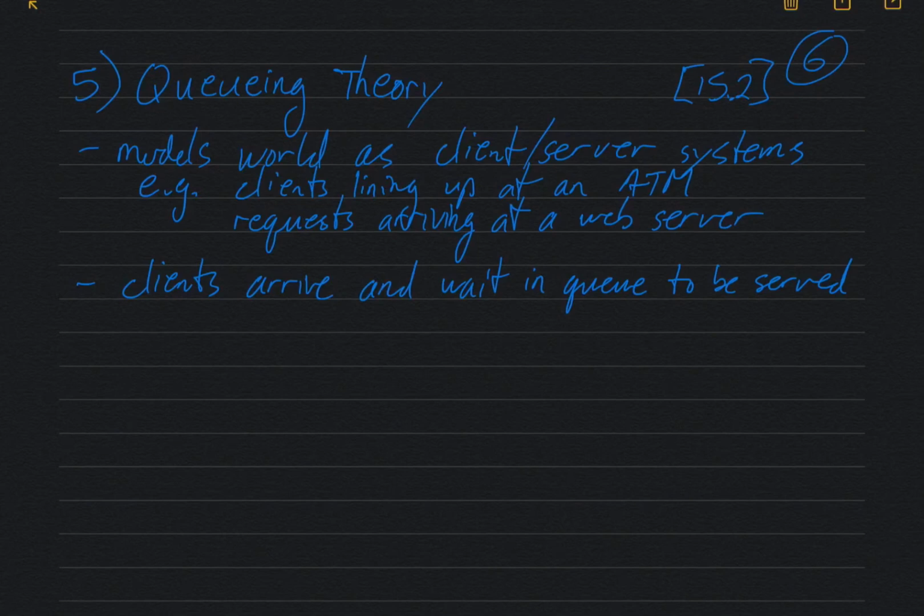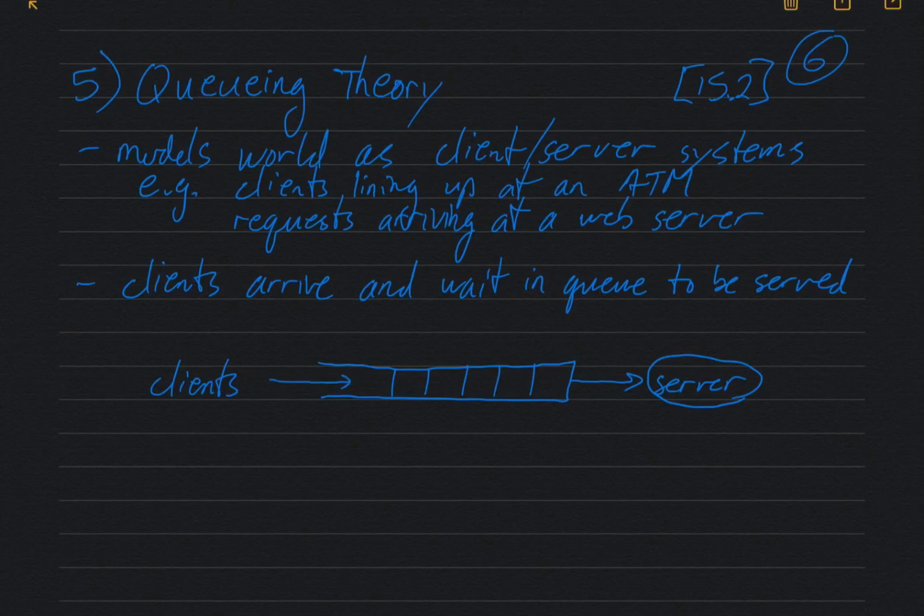The queue is usually drawn like this. Well, that's supposed to be a straight line. Other than that, that's how it's normally drawn. These are spots in the queue, and jobs or requests in the queue are processed by a server. Clients arrive, and clients can be jobs that need to be done, at this end of the queue.